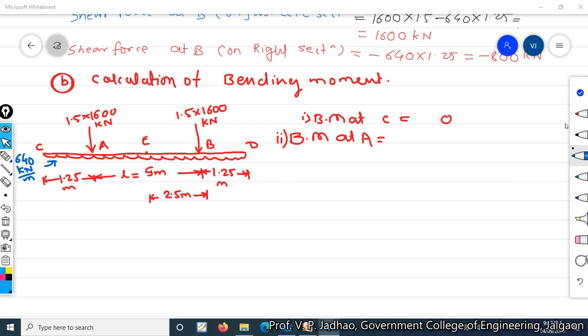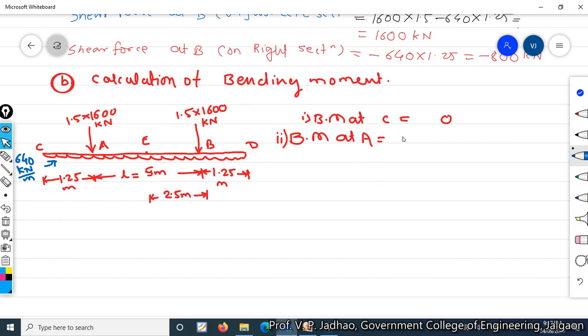Now therefore bending moment at A, due to this uniform soil load, this portion AC will bend like this. So it is a sagging shape. This AC will sag due to this uniform upward pressure, so the bending moment will be positive.